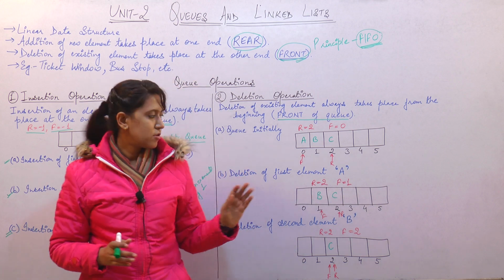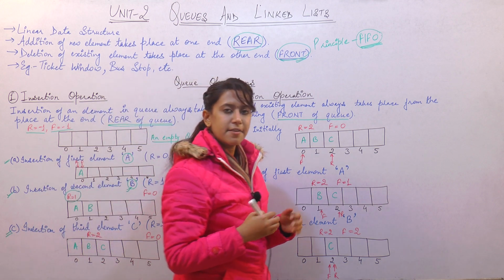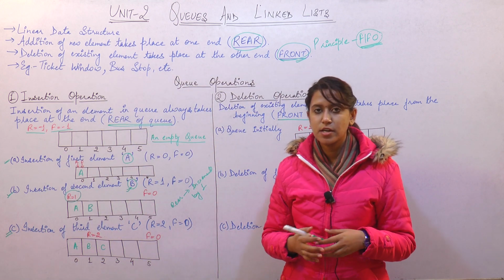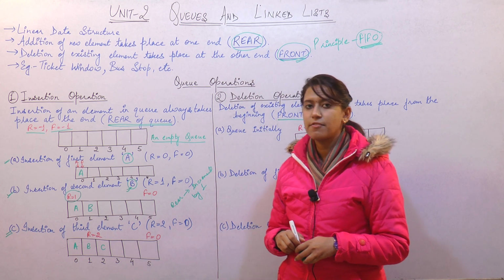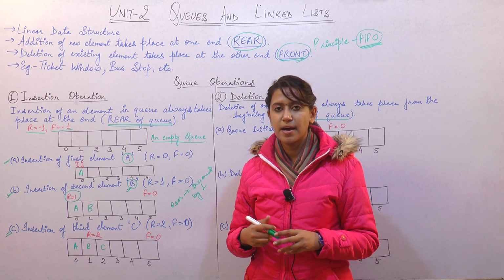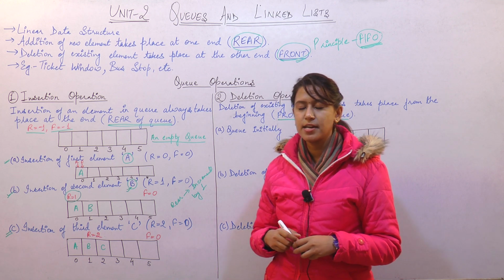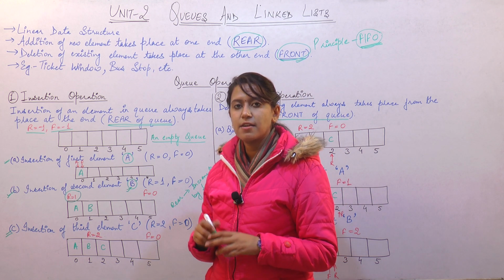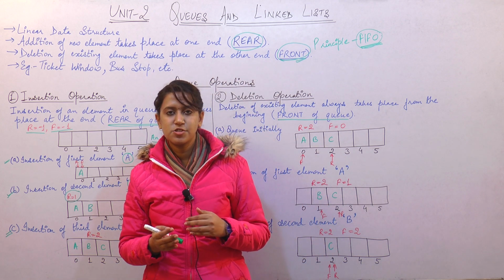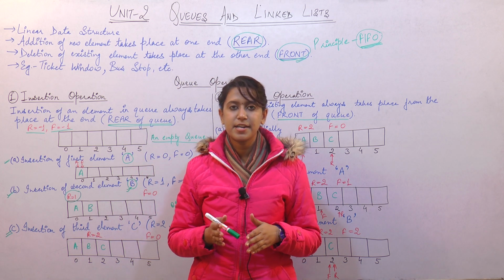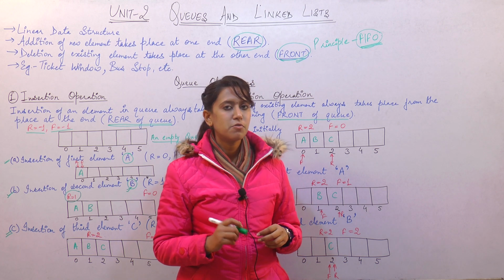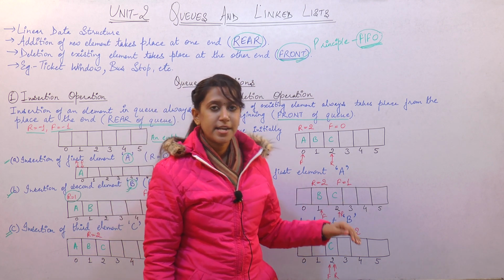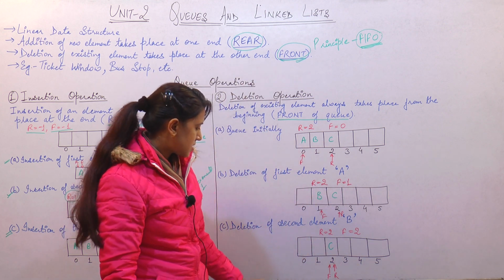From both these operations we concluded that whenever a new element is added to the queue, the value of front end remains unchanged but the value of rear end always increments by 1. But in deletion operation the value of rear end remains unchanged but the value of front end always increments by 1 whenever an already existing element is deleted.